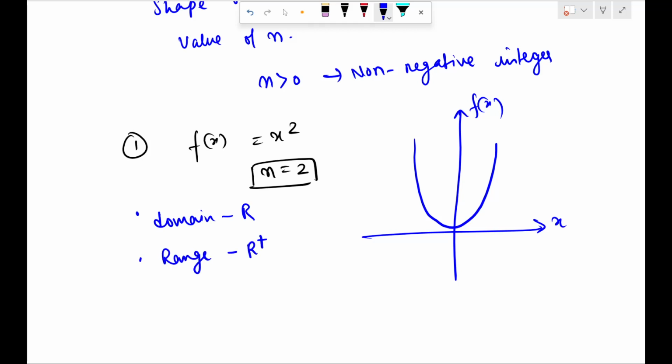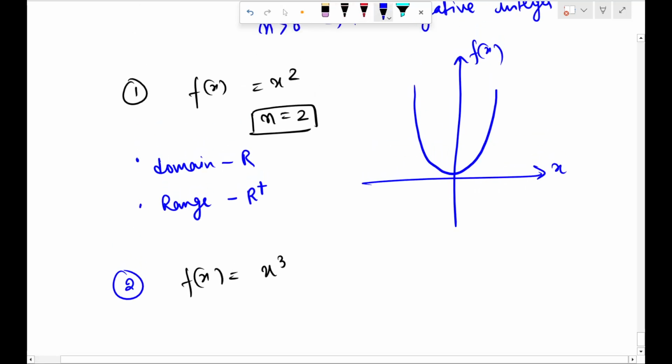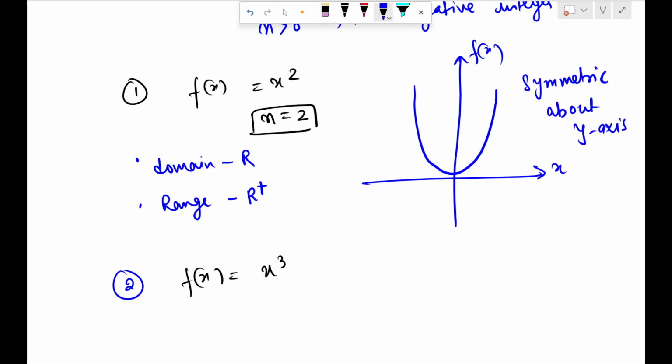Also, in f of x equals x square, this graph is symmetric about the y axis. So this is the y axis and this is the x axis.